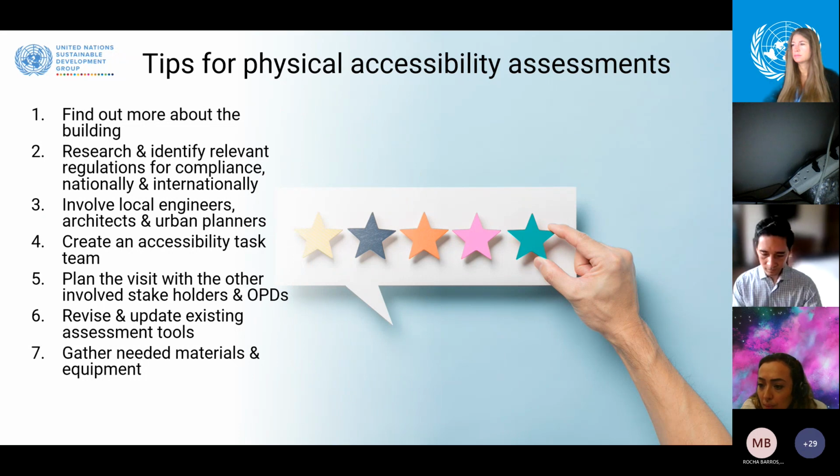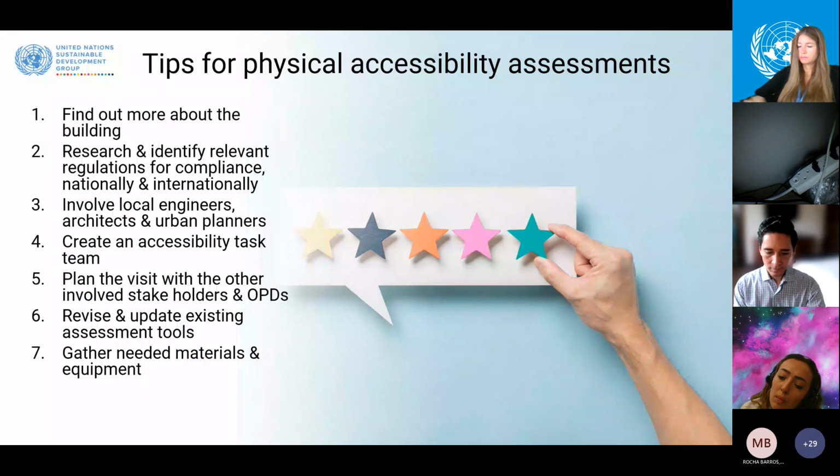So be sure to invite more than one representative for the same disability, and also cover more than one age group, covering both genders or all genders. Make sure to have as diverse a group as you can.